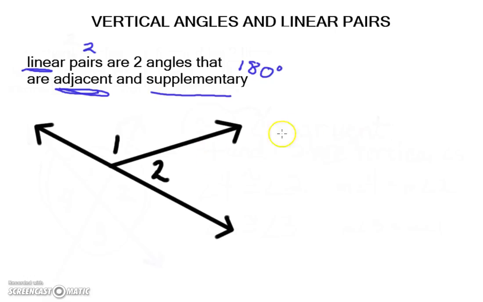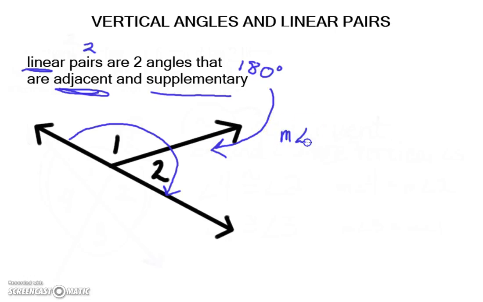Now, these two angles are adjacent and supplementary, which means they're forming this line because they're connected. And then something else I want you to notice is that's like a half circle. And half circles always measure 180 degrees. So these two angles will always add up to 180 degrees.